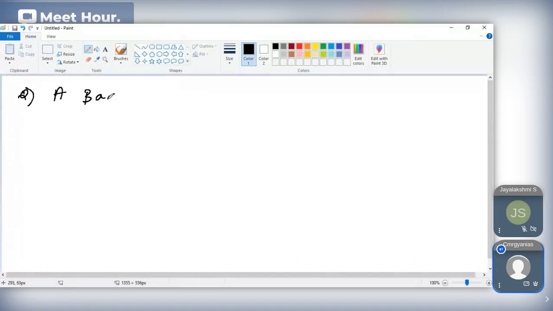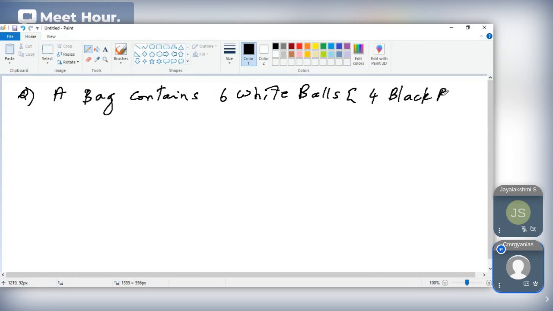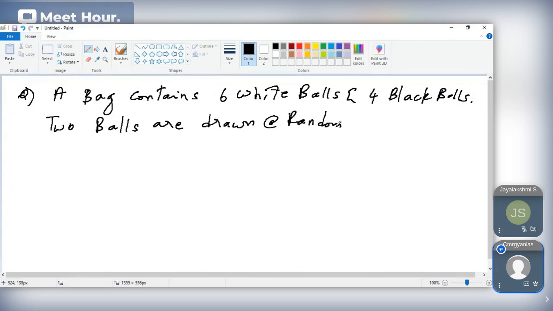A bag contains 6 white balls and 4 black balls. 2 balls are drawn at random.